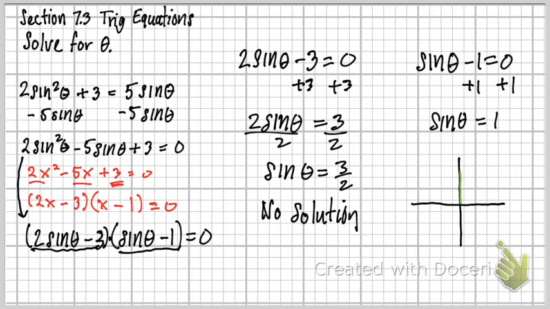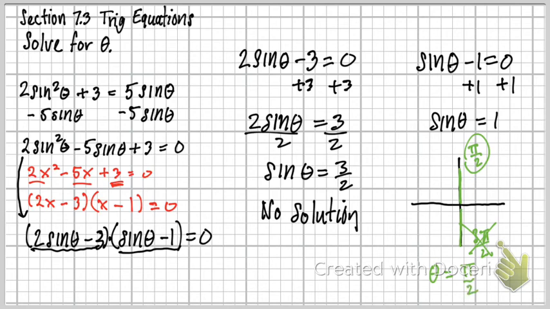And sine is 1 here, and that's at pi halves. And sine is also down here, which is 3 pi halves. Oh, no, that's not 1, though. Let me take that back. That's actually negative 1. It's only this one here at pi halves. So my answer for theta here would equal pi halves.